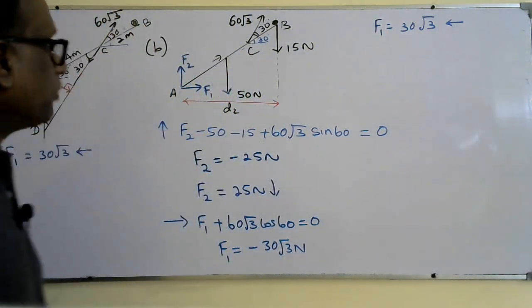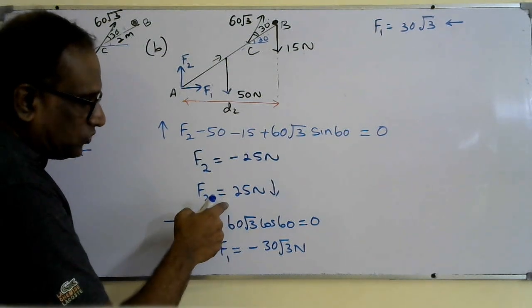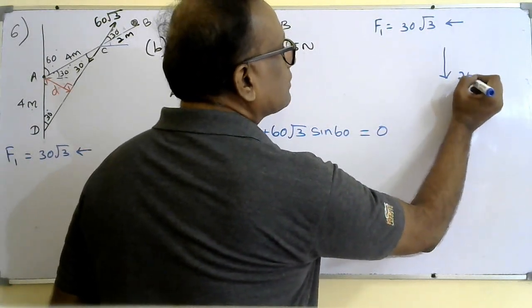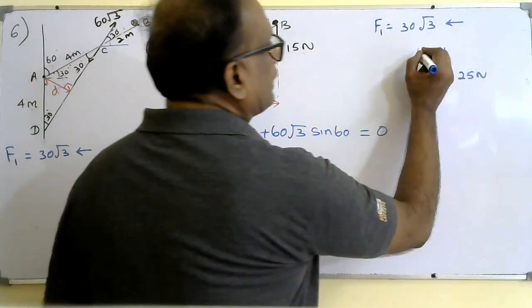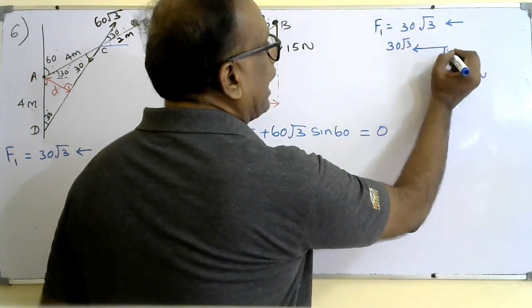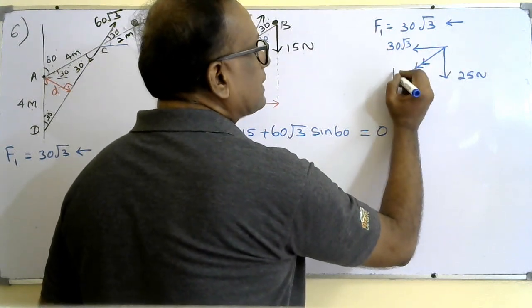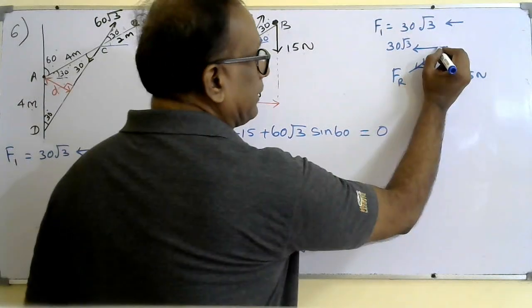Okay, so I know the components of the forces acting at A. Vertically downwards 25 Newton, towards left 30 root 3. So the actual force acting at A, I can call it the resultant force Fr. I can find it by using Pythagoras theorem because they are perpendicular.